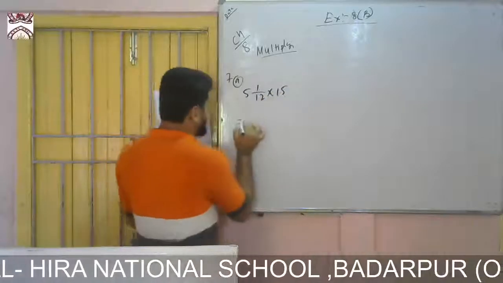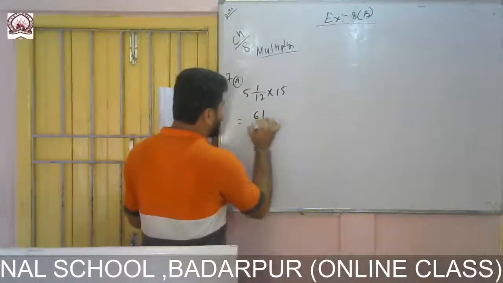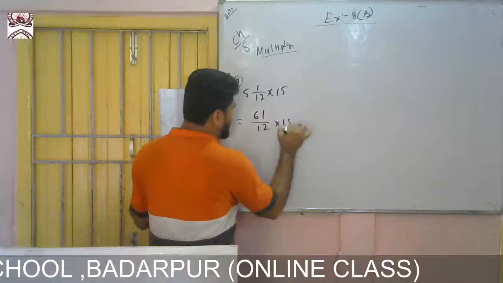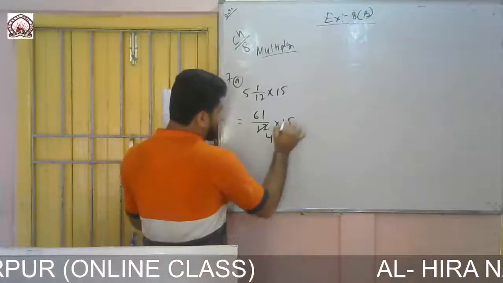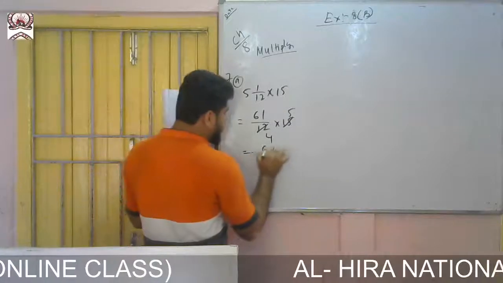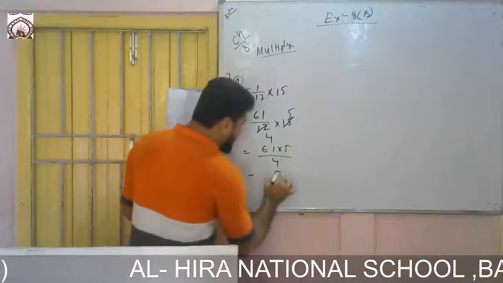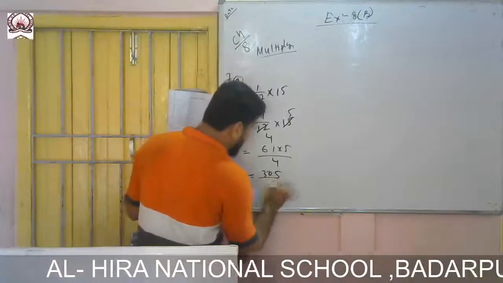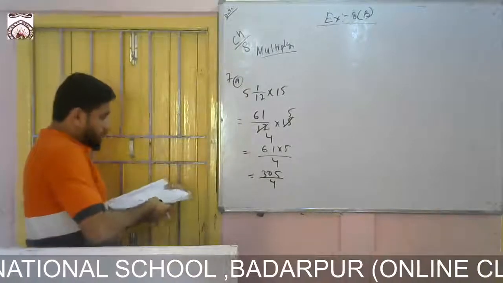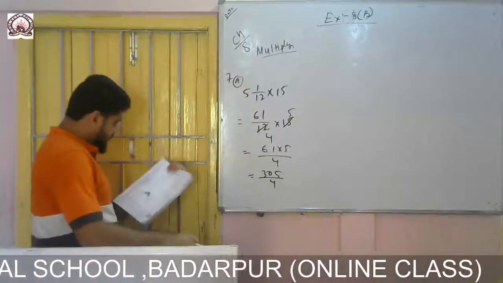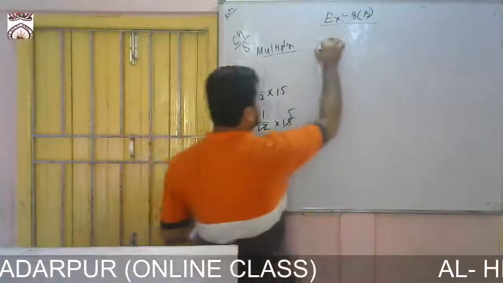Okay. So first you convert: 5 12 jar 60, 61 by 12 into 15. Now you get cancel. 3 4 jar 12, 3 5 jar 15. So 61 into 5 by 4. So 5 1 jar 5, 5 6 jar 30, 305 by 4. So you divide this one.